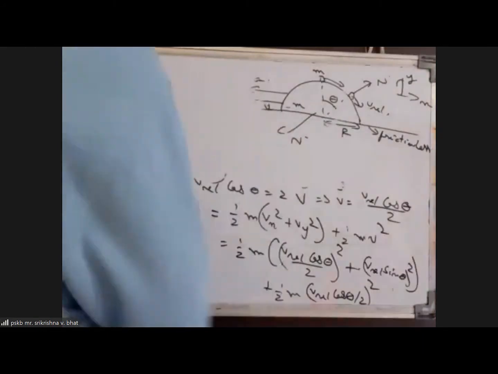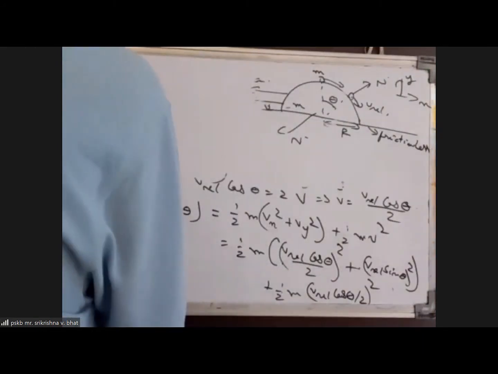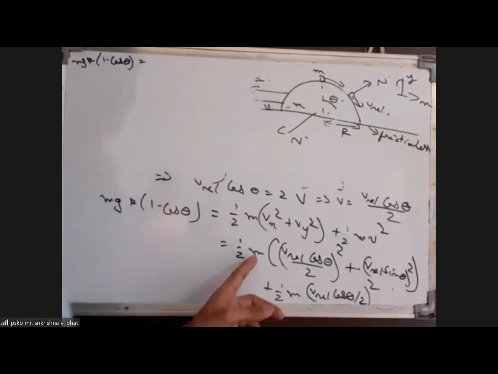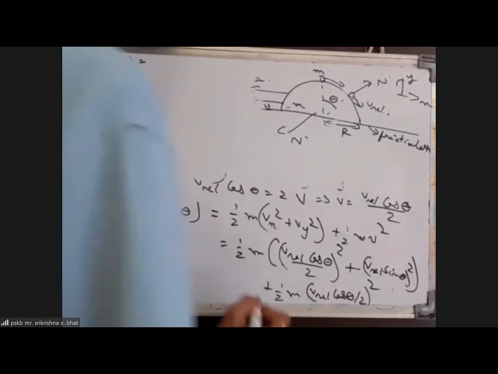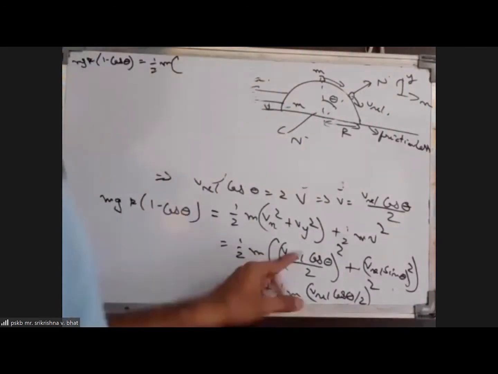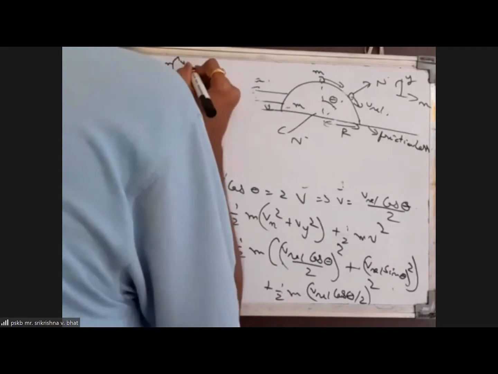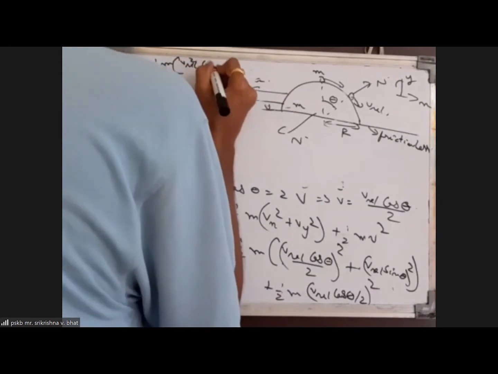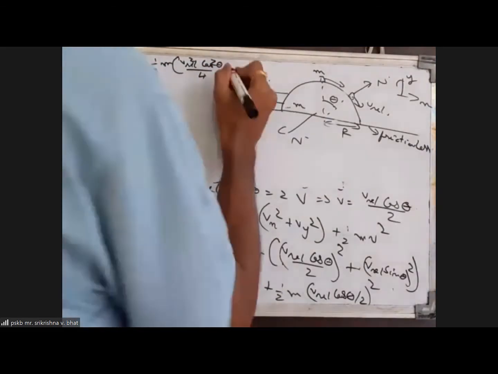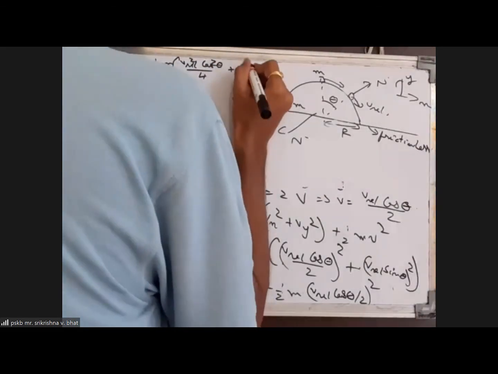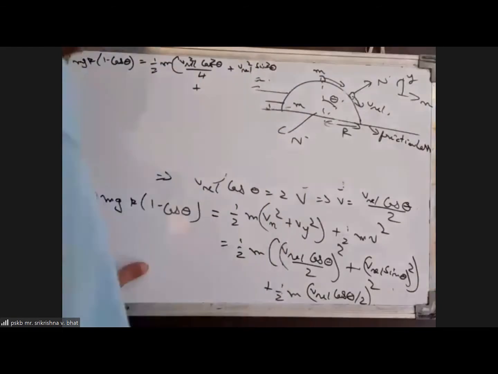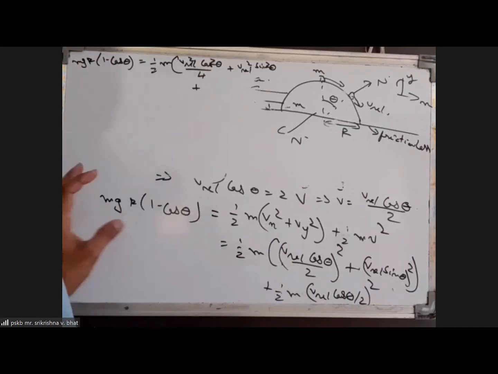Okay, so this gives you mgR into 1 minus cos theta. That will be equal to half m into v relative square cos square theta by 4, and then v relative square sin square theta, and then plus v relative square cos square theta by 4.